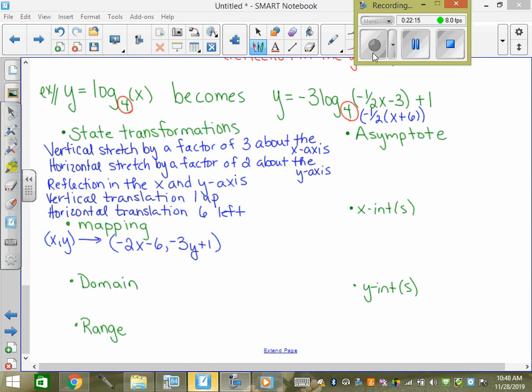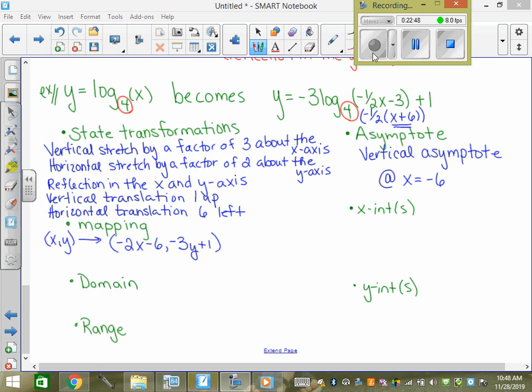It's a log graph, so your domain is either going to be greater than something or less than something, right? Now, we'll go to asymptote first. So this is going to be a vertical asymptote, which is normally at x equals 0, but it's been moved 6 to the left, so it's now at negative 6. So vertical asymptote at x equals negative 6.